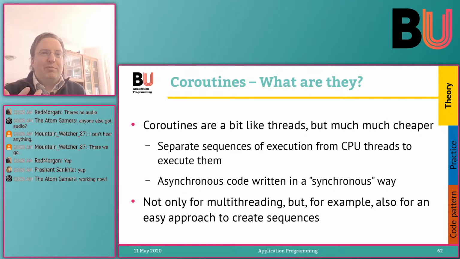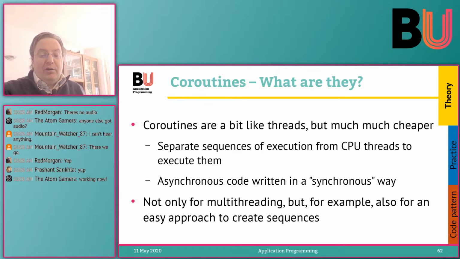That kind of code is doable, but it becomes convoluted very quickly, more convoluted than you'd want it to be. So instead, you can use a coroutine that allows you to write this in a synchronous way, in an elegant synchronous way.